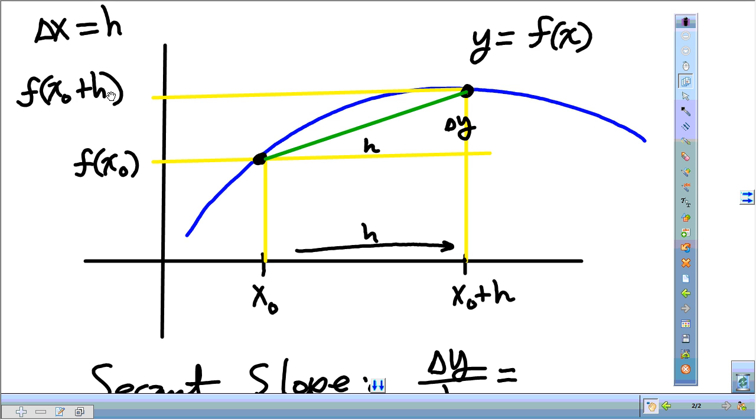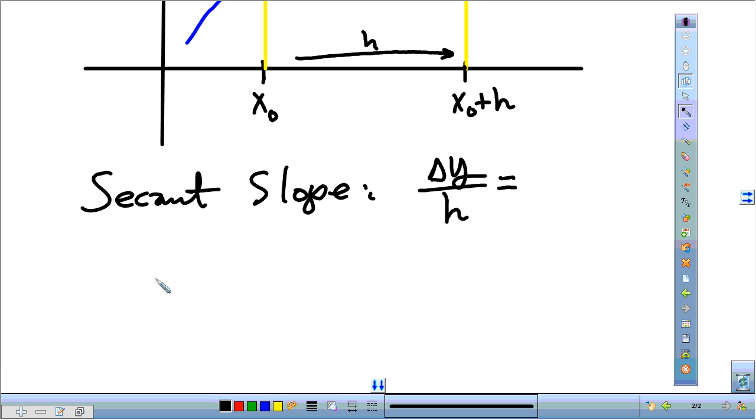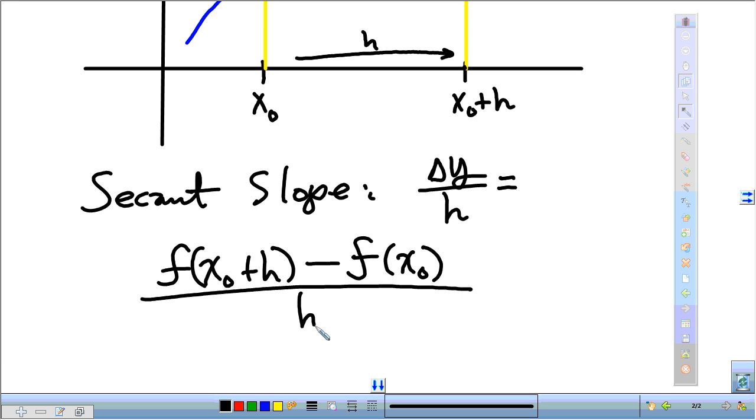Well, that's the change in the coordinates f of x0 up to f at x0 plus h. That would be changes in f are the changes in y. So the difference in the values of y. So the slope of that secant line between the 2 points is given by this change in f over change in x.